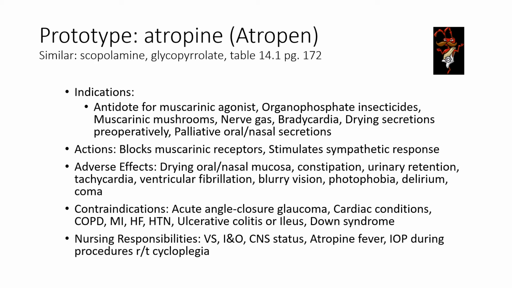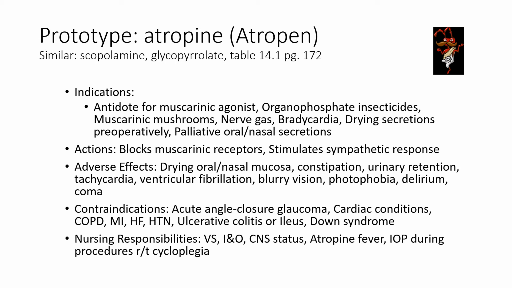Atropine is definitely the prototype of an anticholinergic. It blocks acetylcholine from getting to the receptor at the target organ, whether it's the heart or the gut, gastrointestinal tract, or the bladder, and it will have very specific effects at all these organs that have receptors for the parasympathetic system.